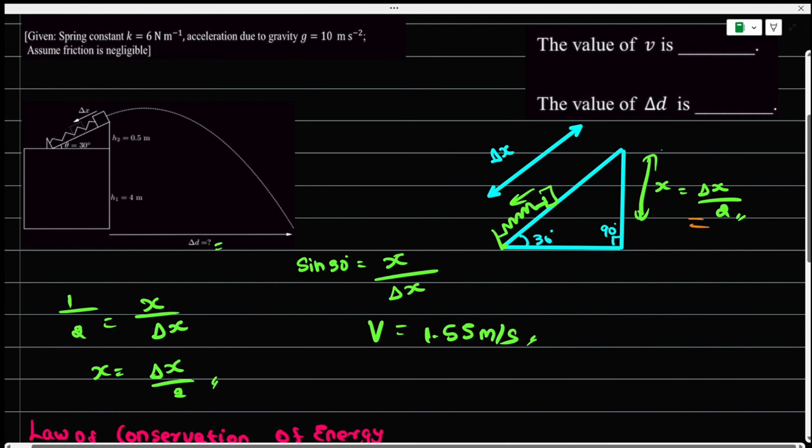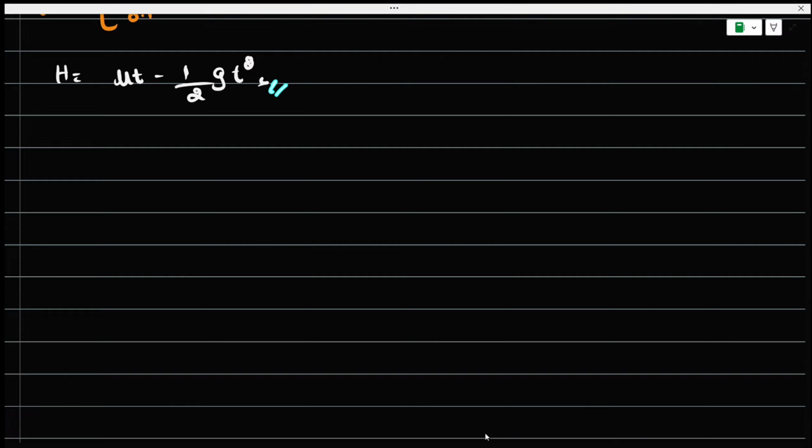Let's substitute in the particular equation. Now the height of the tower, or height, is minus 4.5, because 4 plus 0.5 is 4.5, equal to v into sine 30 degree into t minus half into 10 into t square.